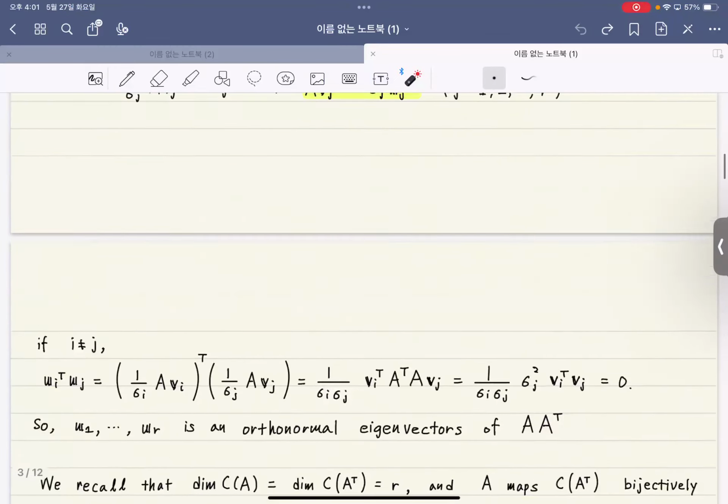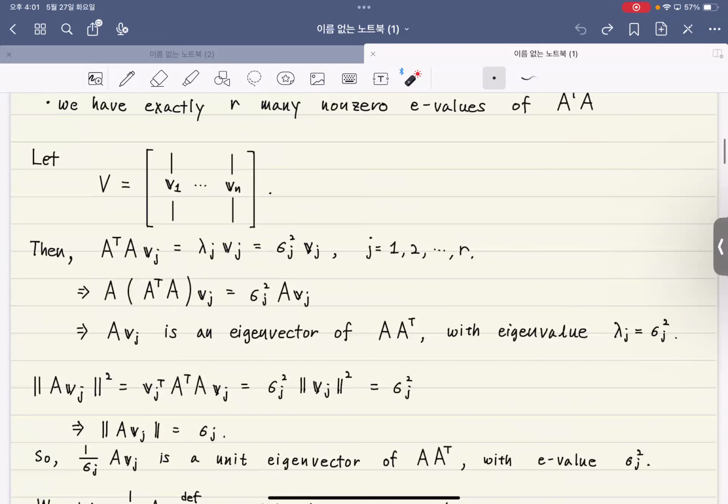These basis vectors from V1 to VR were chosen from the first R columns of the matrix V. But then taking the rest, the n minus R vectors from VR plus 1 to Vn, because V is an orthogonal matrix, the vectors from VR plus 1 to Vn are going to be the basis vectors for the null space, right?